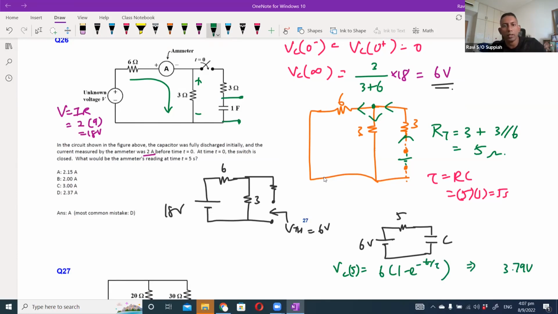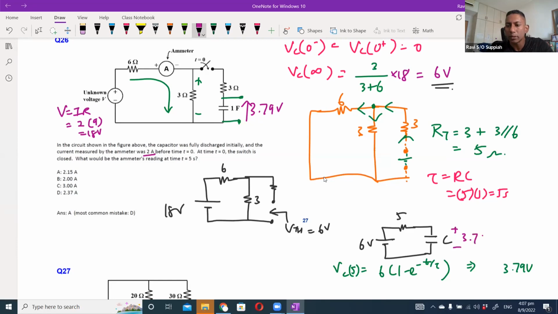So this is the voltage across the capacitor at 5 seconds. It is not complete yet. We know that the voltage across here is 3.79 volts. So what is the next step?